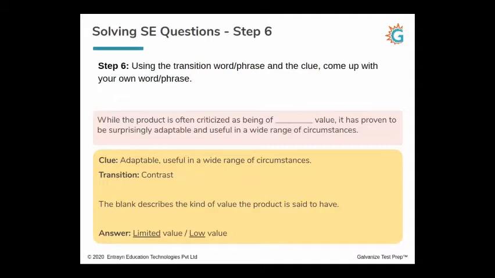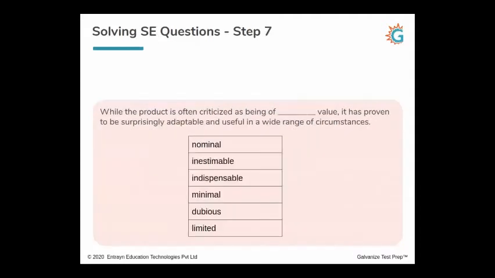That is how far we can get. Now have these in mind. Now go to the options. In step 7, you'll have to eliminate the options using the word that you came up with. All right, you came up with limited or low value. Look at each option and eliminate them based on these words.